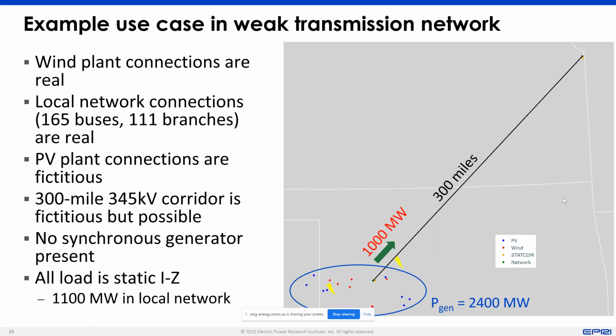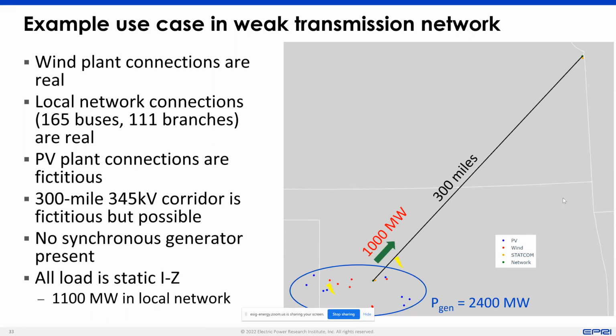So think about an example here wherein it is a fictitious example based upon a real system. So we had a portion of the North American Eastern Interconnect, and we took a portion of that Eastern Interconnect, and we essentially increased the number of inverter-based resources in that pocket.